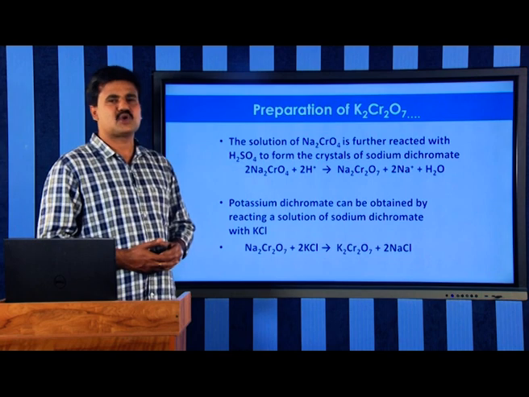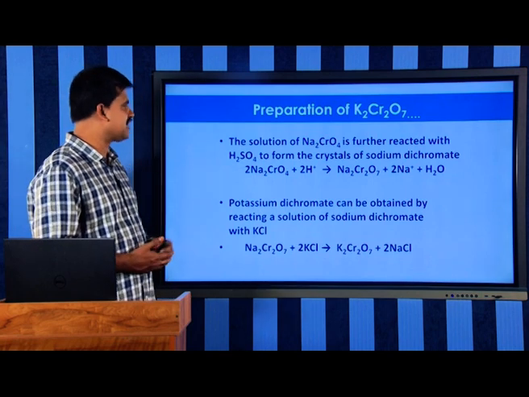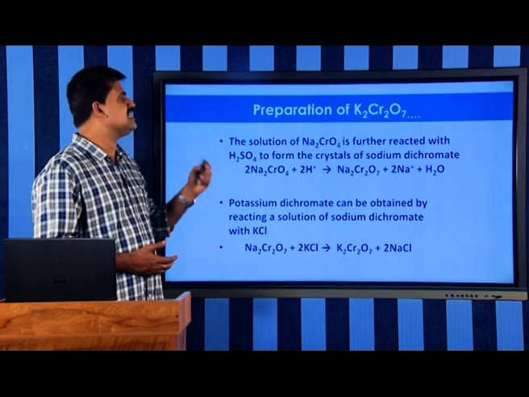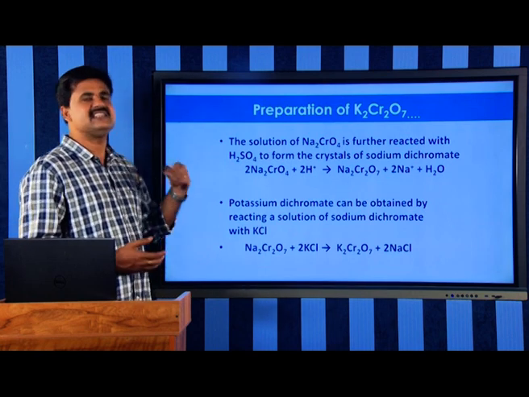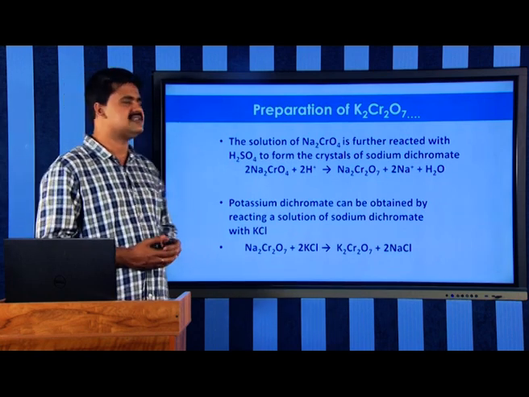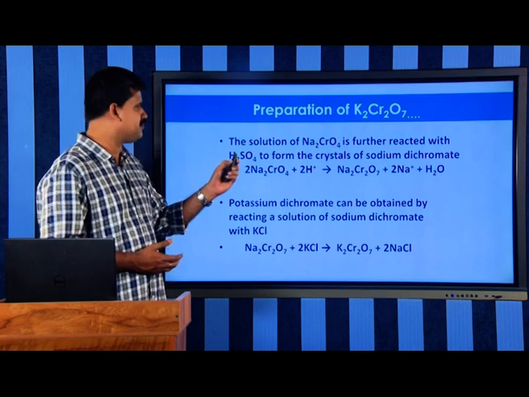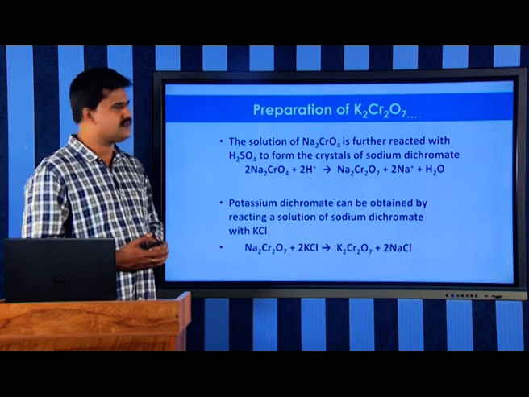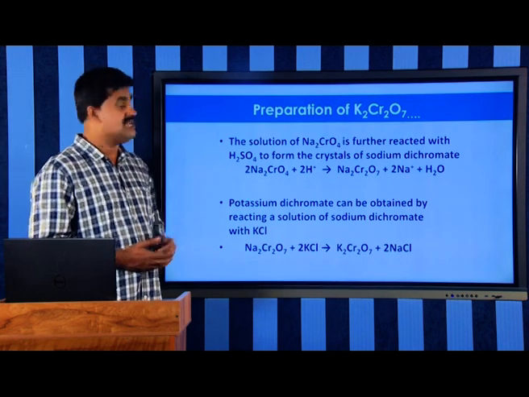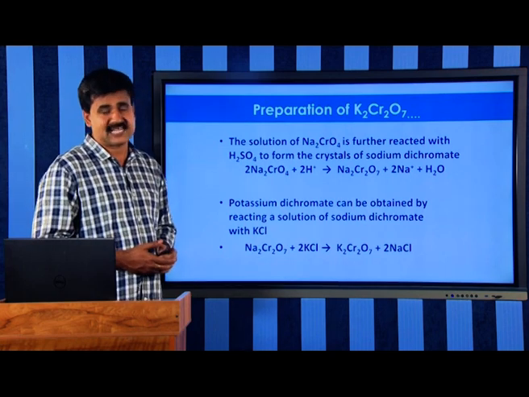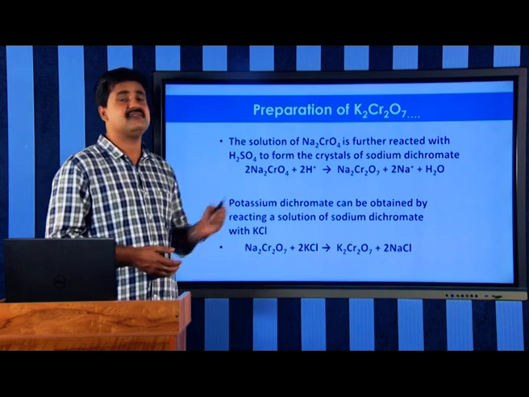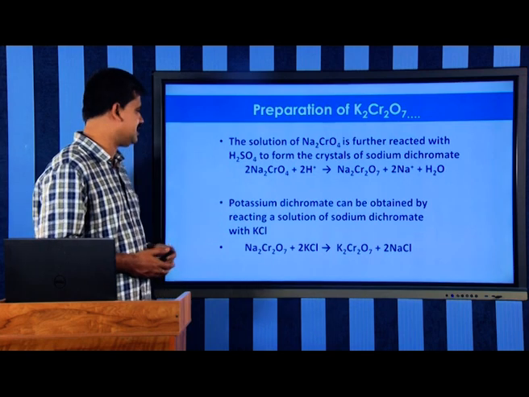The sodium chromate obtained in the above reaction is in the form of a solution and it is then reacted with sulfuric acid to form the crystals of sodium dichromate. We wish to prepare potassium dichromate. Up to this step, we got sodium dichromate.